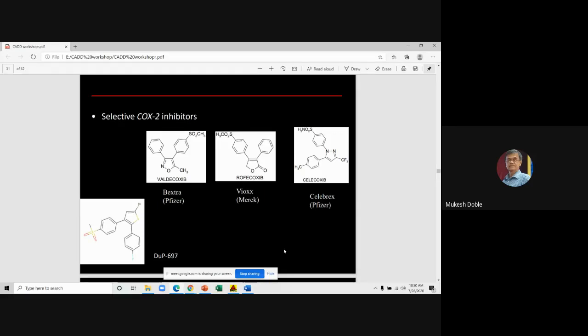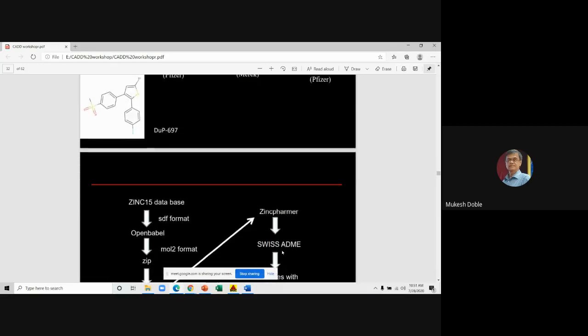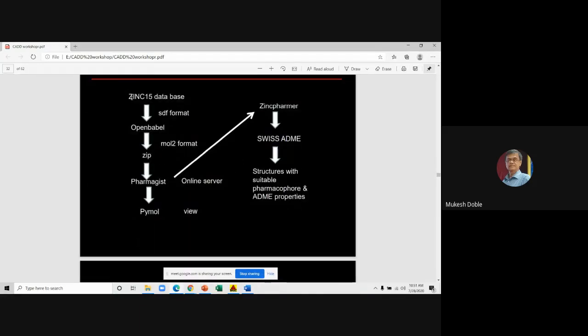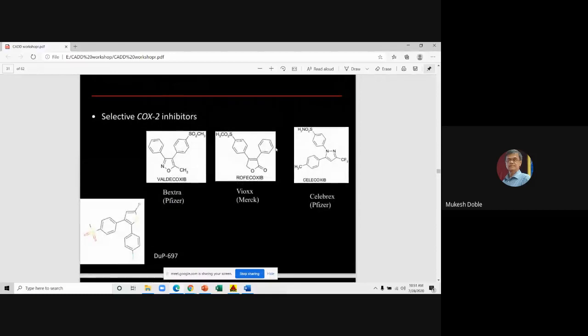So I want to see, is there a common pharmacophore feature for all these molecules? What are the common pharmacophore features for these 4 molecules? There are some free software tools which we can use to identify that. First I will go to the Zinc database and pick up the 3-dimensional structures of these molecules.